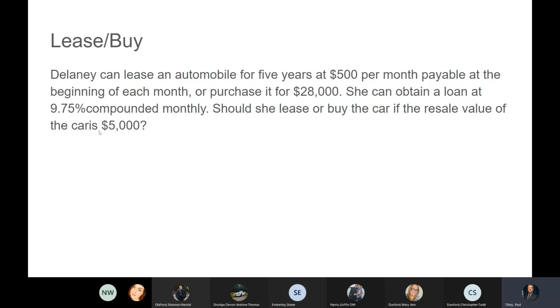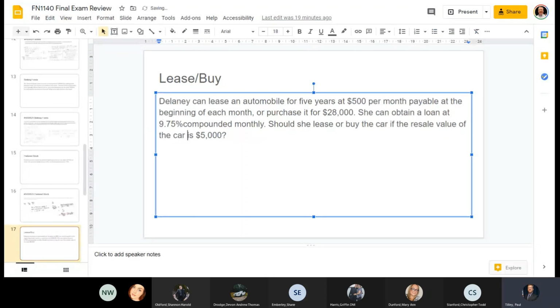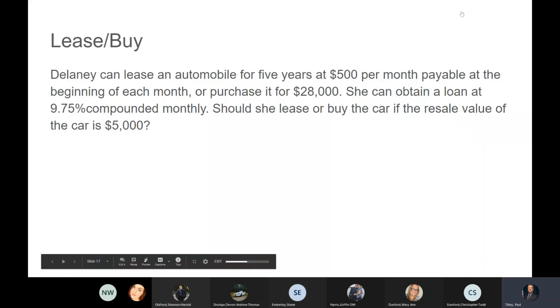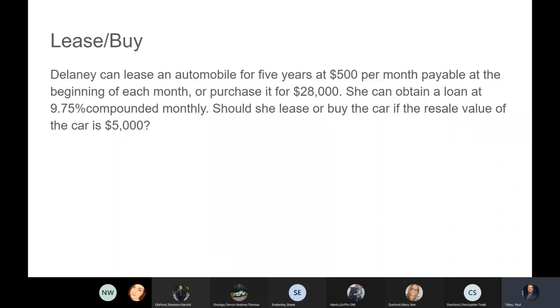Now, considering that the car has a resale value of $5,000, what we need to do is think about the lease payment first. The lease payment is a string of payments that's going to go on for 5 years. So it's an annuity, an annuity due actually, for 5 years, $500 a month.